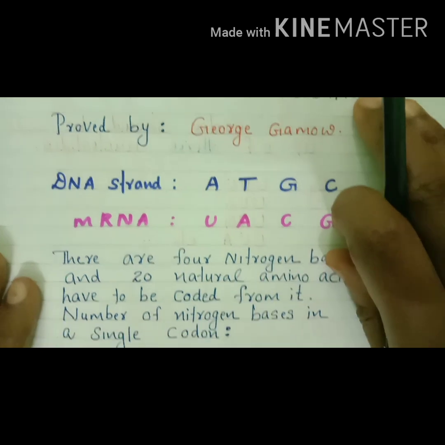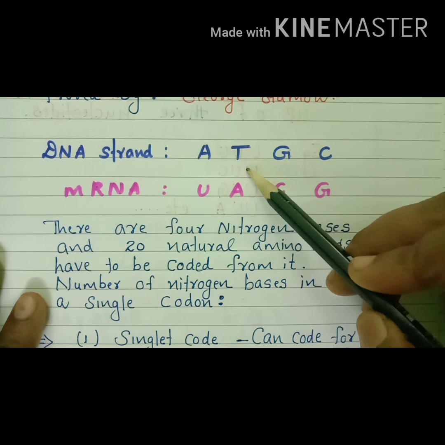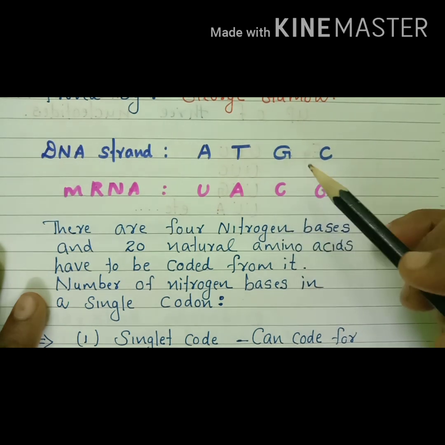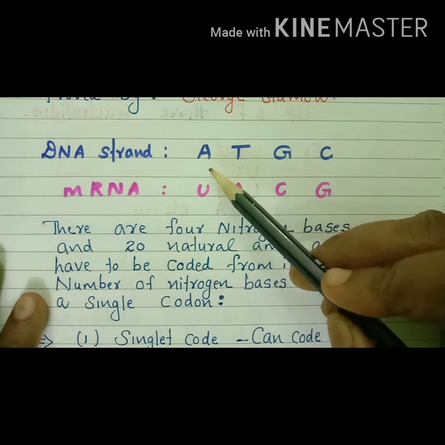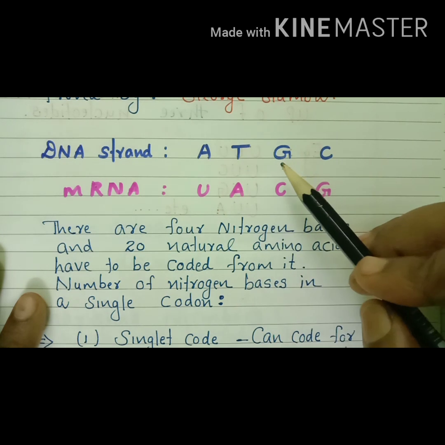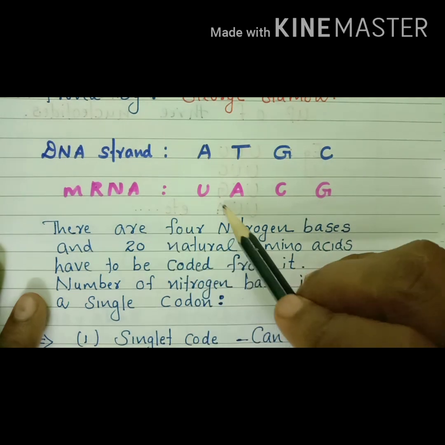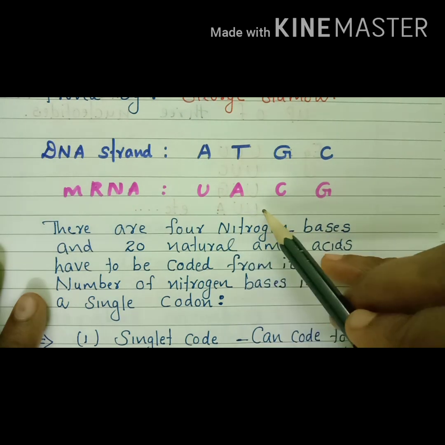We know that when we observe a DNA strand, there we can see 4 types of nitrogen bases or 4 types of nucleotides. That is deoxyadenylic monophosphate, deoxythymidine monophosphate, deoxyguanosine monophosphate and deoxycytidine monophosphate. And in mRNA also we can see 4 types of nitrogen bases or 4 types of nucleotides.